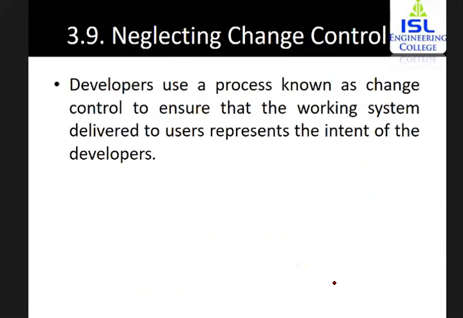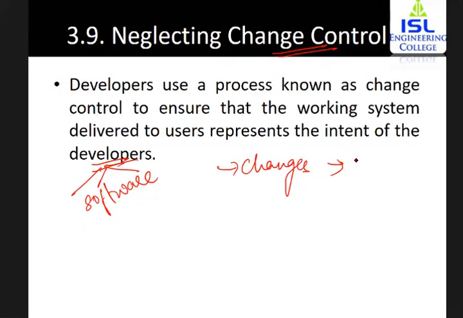The next is neglecting change control. Whenever software is being developed, the developers are going to implement a change control mechanism. Multiple developers are going to be working within the software. When three or four developers have made one particular software, making changes within the software is given to authorized people.